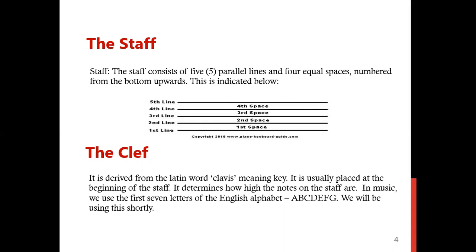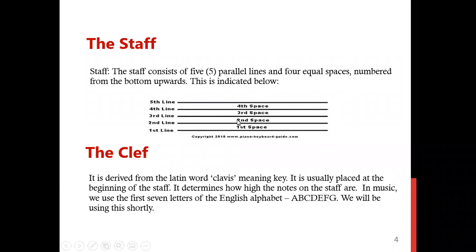That means you number the most bottom line as line 1, the second as line 2, the third as line 3, the fourth as line 4, the fifth as line 5. And in between them, you find spaces, just like you can see on my screen.